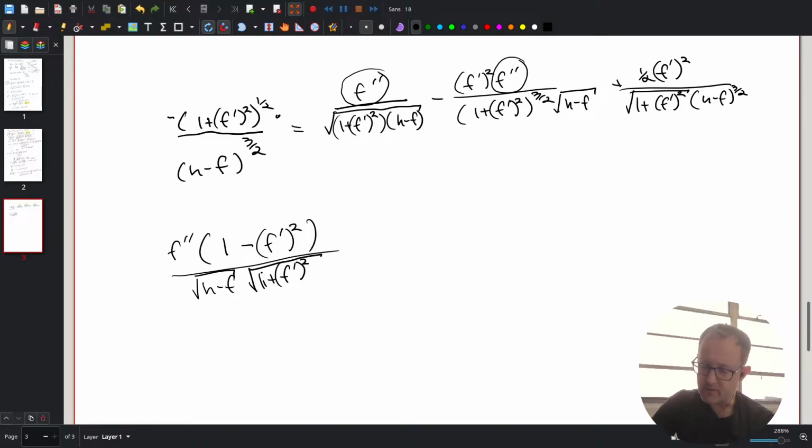Then I end up with 1 extra power of, in this f prime squared, I think an extra 1/2 minus 1. Kind of like that.